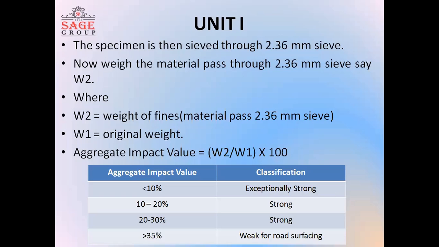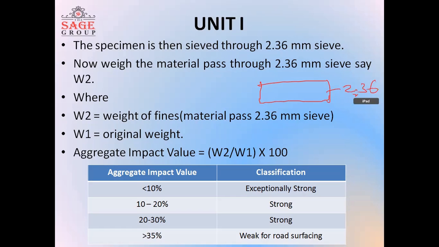Now, after the 15 free falls of the hammer, the specimen is taken out and the stone pieces are sieved through the IS sieve of 2.36 mm size.